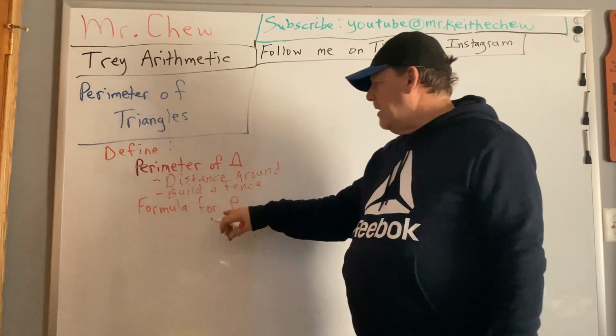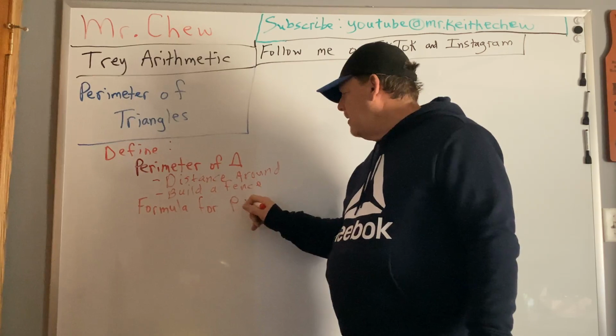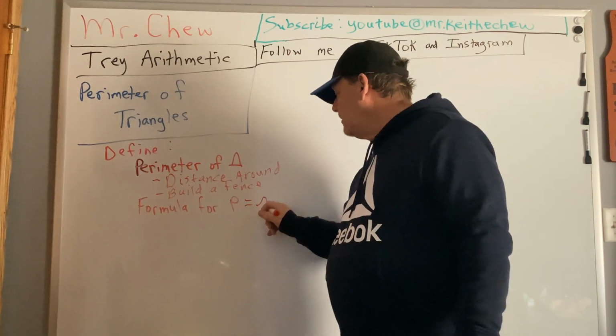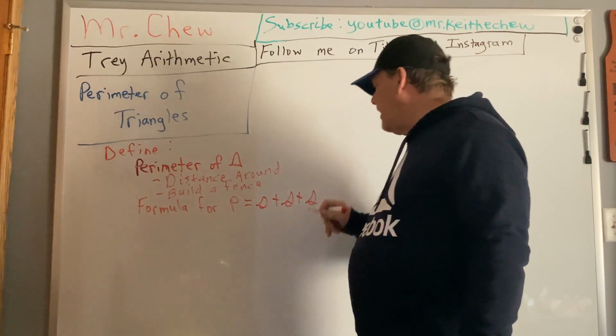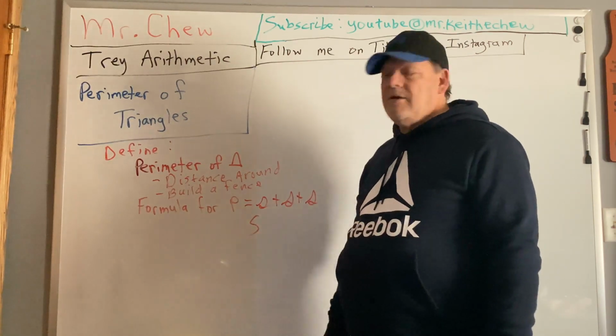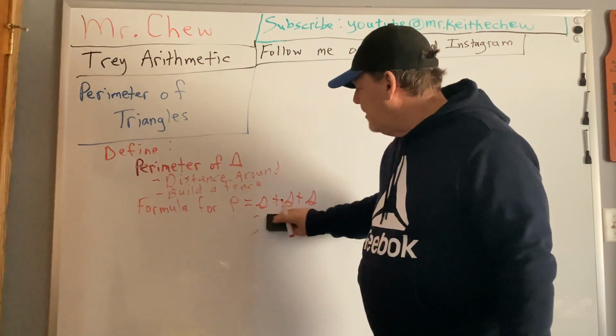So the formula for perimeter would be adding up the length of all three sides. So it's going to be side plus side plus side. I always use a lowercase s because when I do that, it looks like a 5. That is just an information thing.